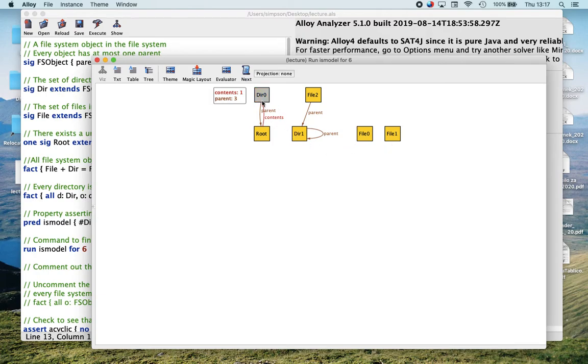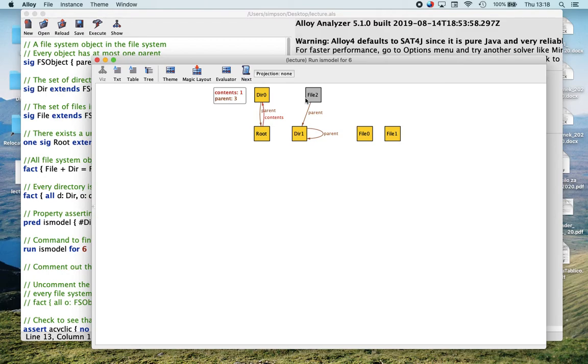The parent relation between a directory and its contents is so root is the parent of directory 0. This is the contents of directory 0. Directory 1 is the parent of file 2, but there's no contents relation in the other direction.